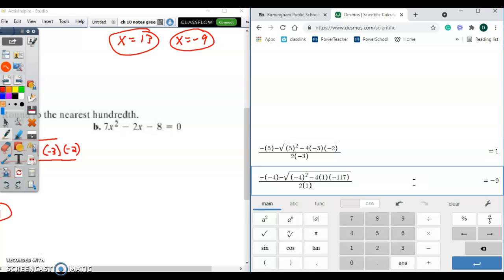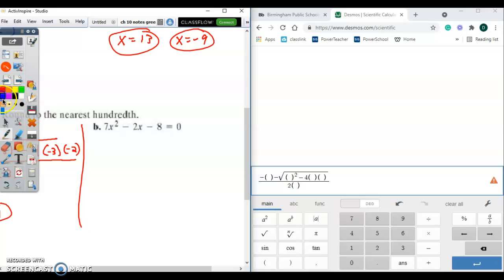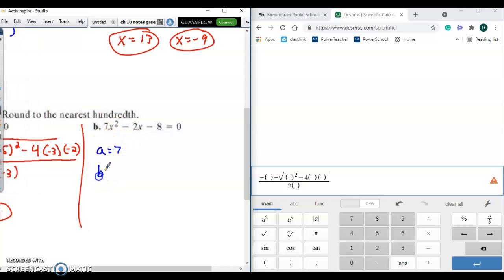Let's get rid of all this stuff. So again, if you're using that Desmos calculator, it's good for you. If not, we kind of have to break it down and do it in segments like we did on that first example. So here we have A equals 7, B equals -2, C equals -8, and I can do that because it's already set equal to 0.